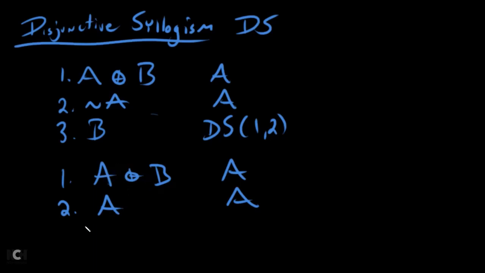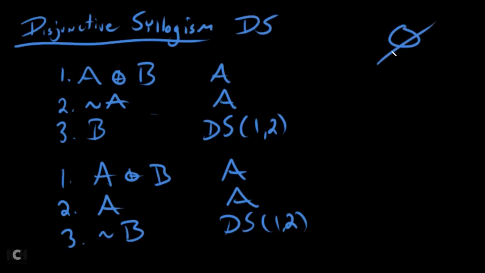The Earth is round, so what does that mean? It's not flat. Disjunctive syllogism 1 and 2. But this time, I'm saying I have an affirmation of one of my disjuncts. If it's exclusive, this works.